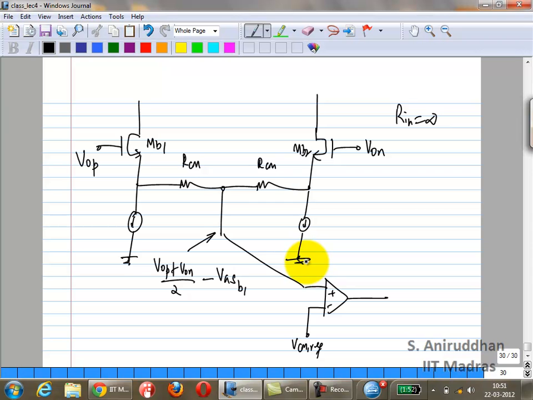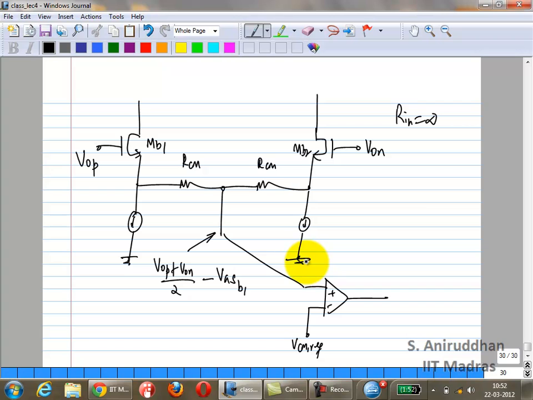Well, this common mode feedback loop will set your output common mode to VCM ref. What will it set it to? It will set it to VCM ref plus VGS. Correct?